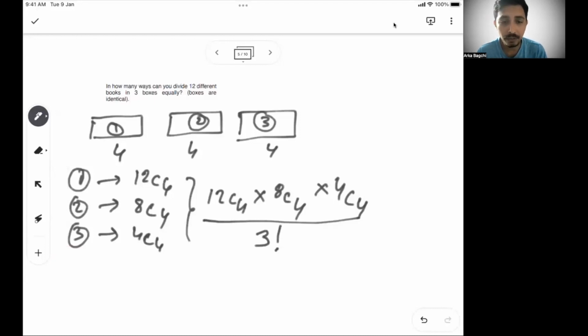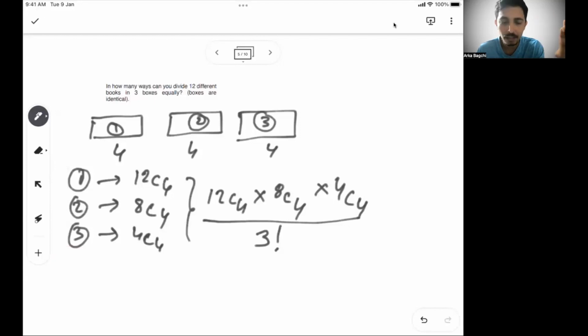This is very important to understand. Why am I dividing by factorial 3? Since boxes are identical, it does not matter which box you choose as box 1, which box you choose as box 2, which box you choose as box 3. It's always going to be the same.